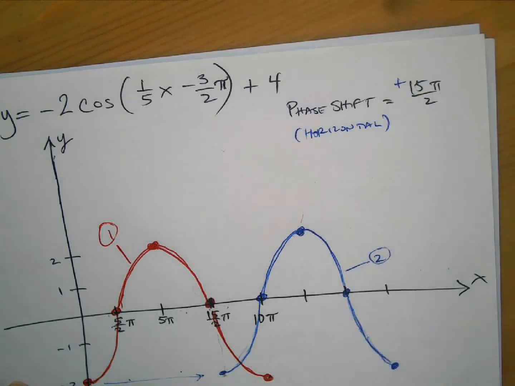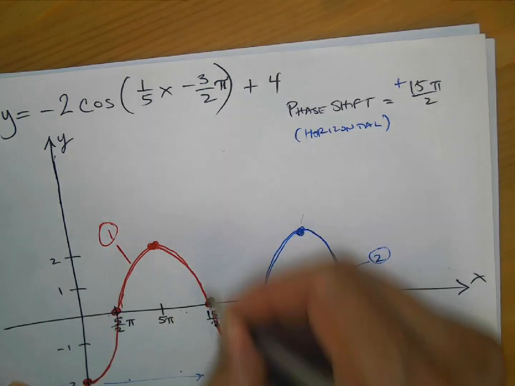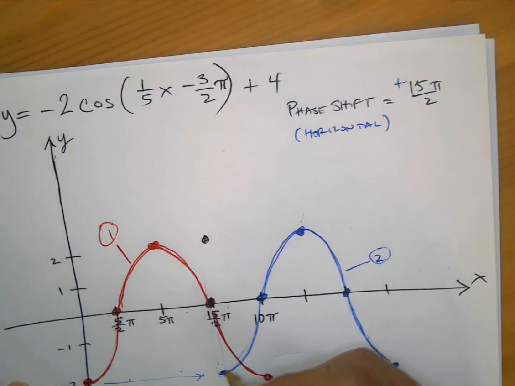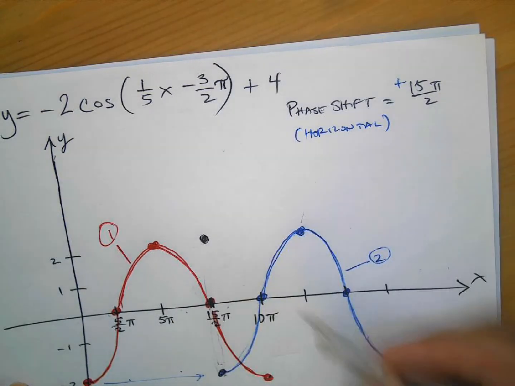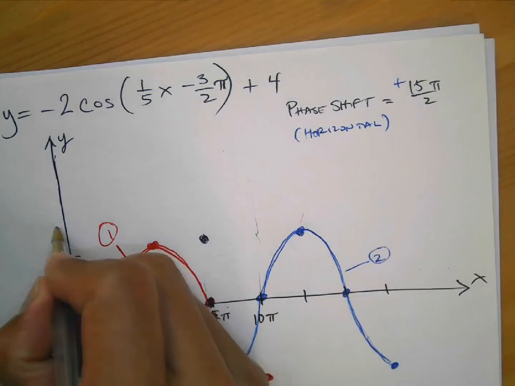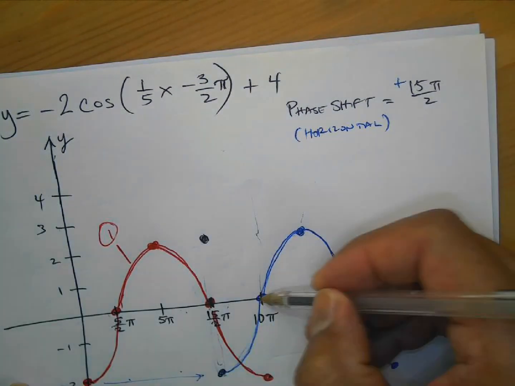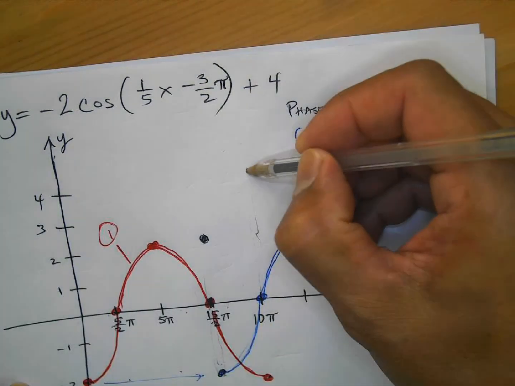This one's going to be here. Right? 1, 2, 3, 4. This one's going to be here. This dot moves up to here. This dot, 1, 2, 3, 4. 1, 2, 3, 4 here.